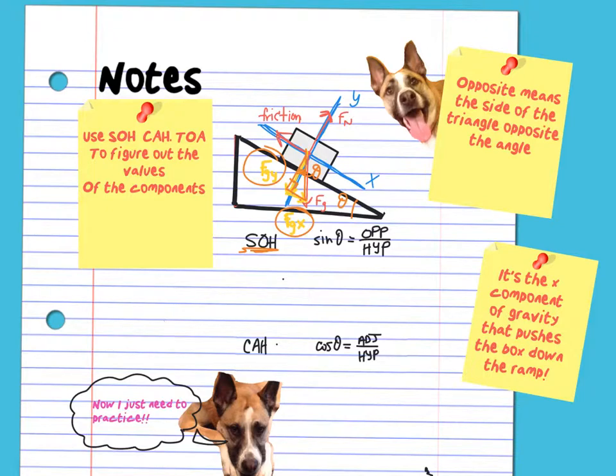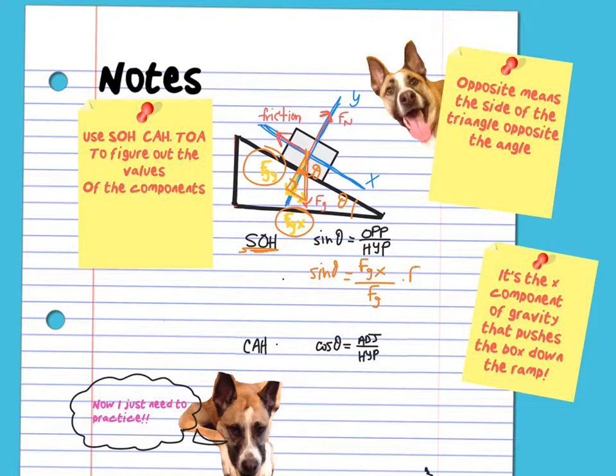So if I were going to do this, I would say the sine of theta equals the opposite. So right here, here is the angle. This is opposite to the angle. So what I am going to write is the force due to gravity, and the opposite is the x component, divided by the hypotenuse, which is just the force of gravity.